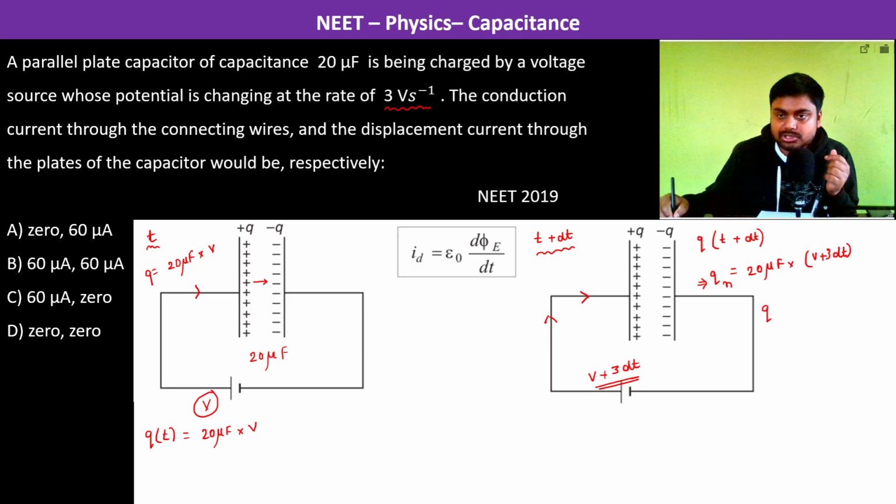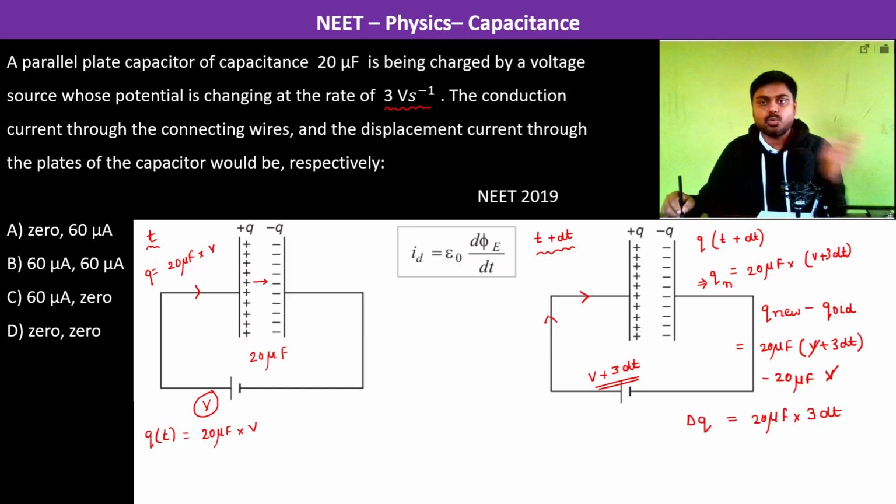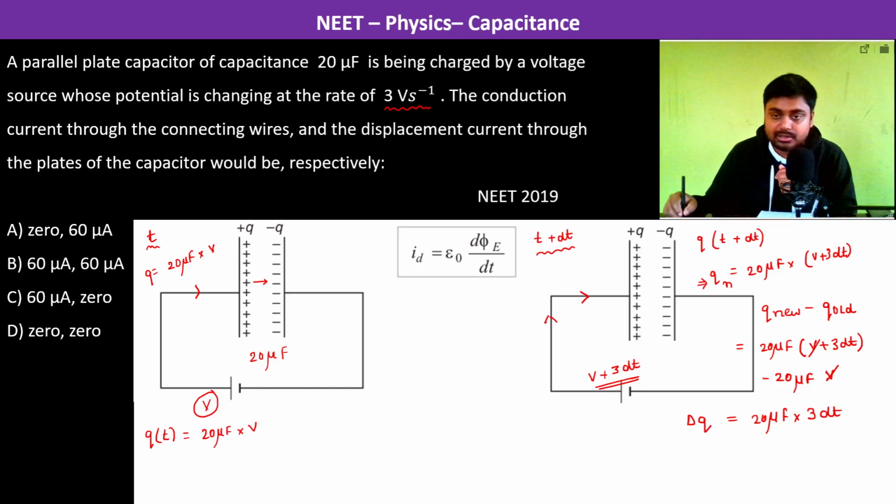The new charge minus the old charge is equal to 20 microfarads into V plus 3 dt minus 20 microfarads into V. So this gets cancelled, and we have 20 microfarads into 3 dt, and of course it is 3 volts per second. So this is the delta Q, the charge dq which has gone in time dt.